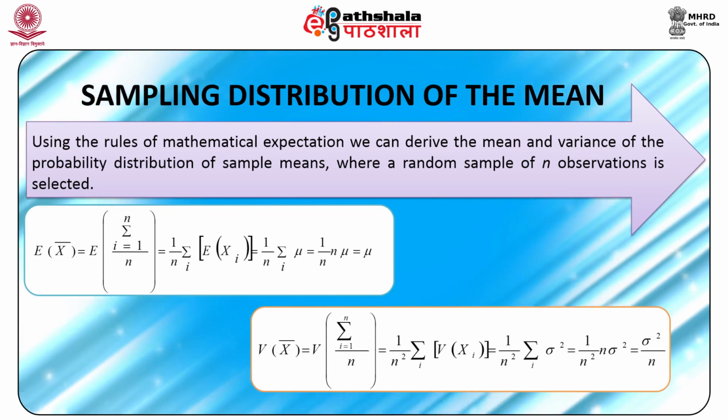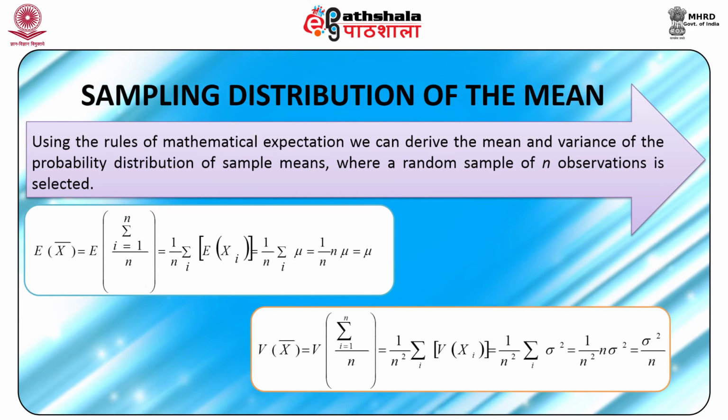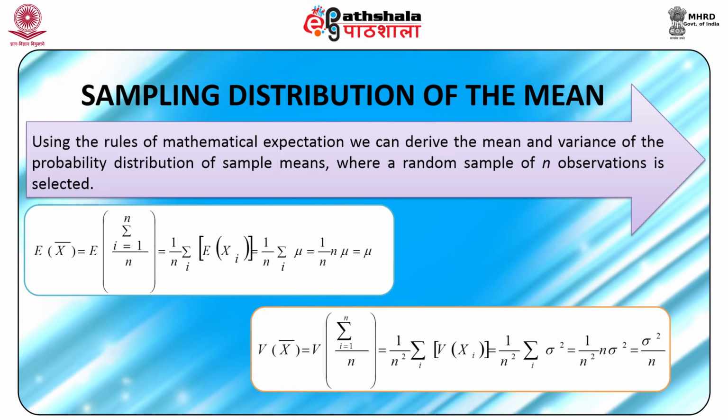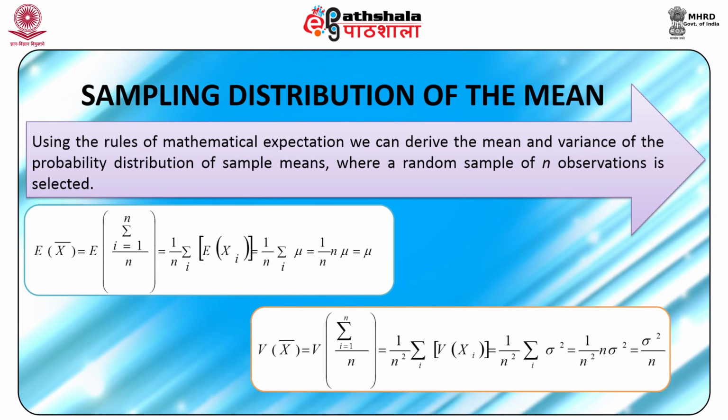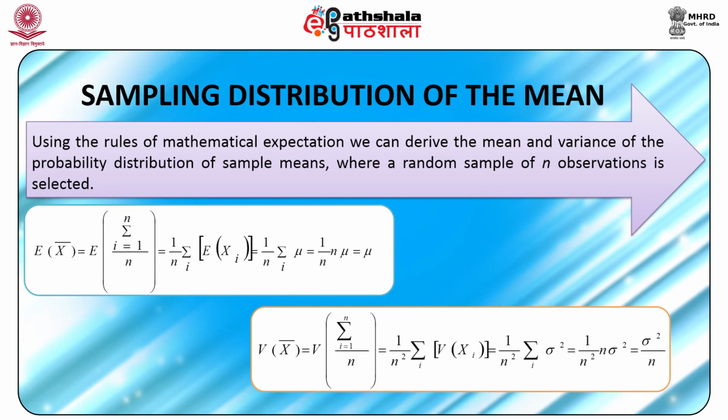This we can again write down to be equal to 1 upon n square into n sigma square. Hence this is equal to sigma square by n. So what we have shown is that expected value of x bar is mu, and variance of x bar is sigma square by n.